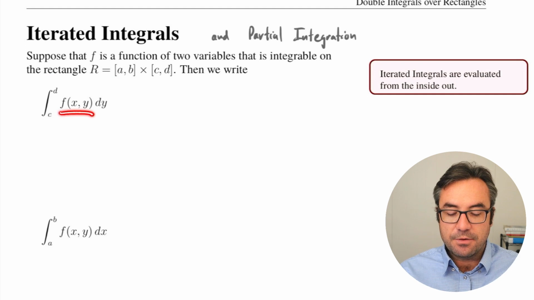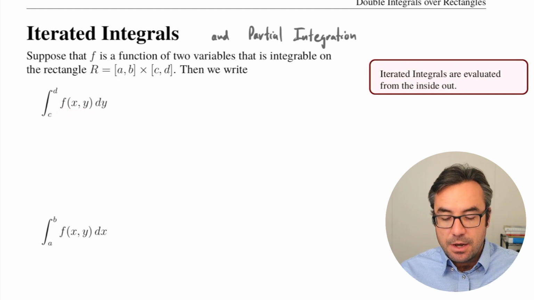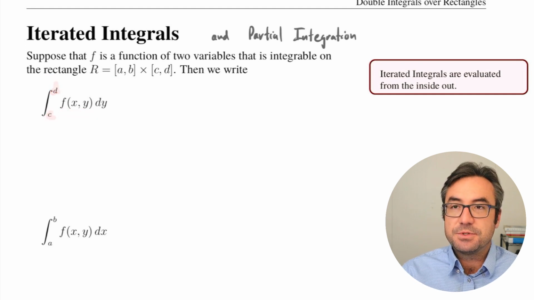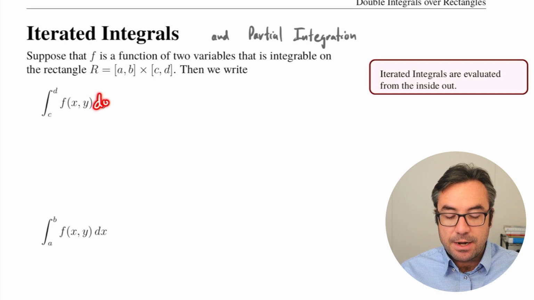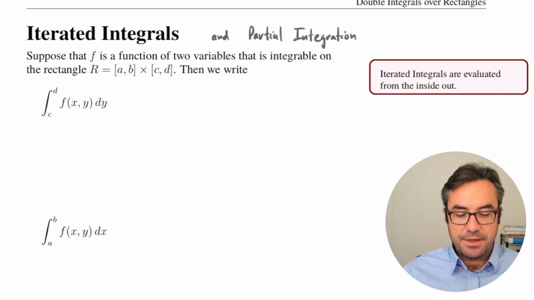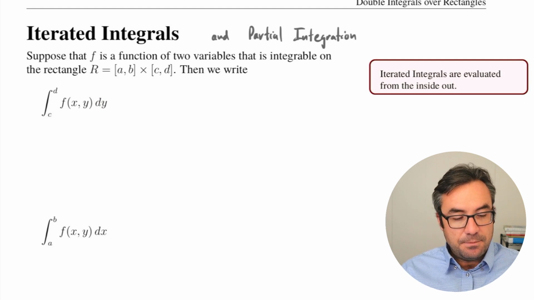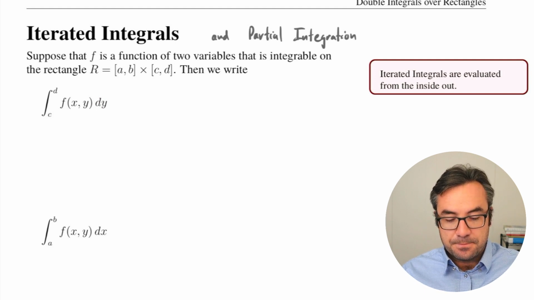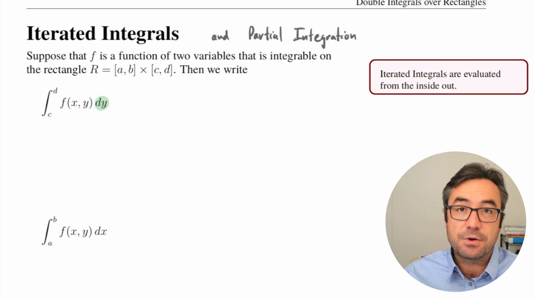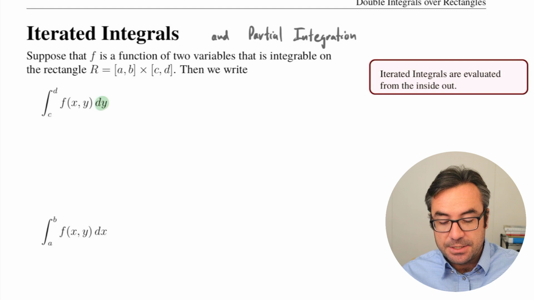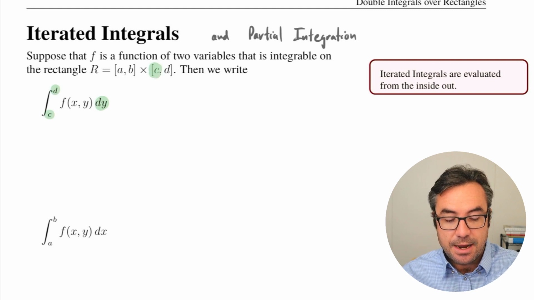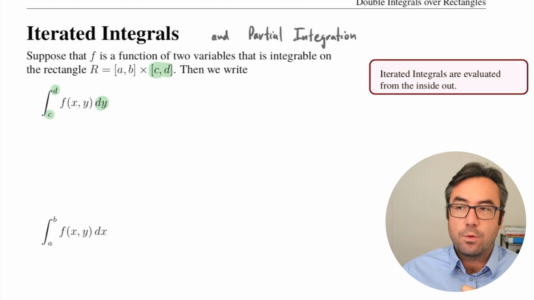The integral of our function f of x, y with limits of integration from c to d, and we're integrating with respect to y. How we would calculate something like this is the information we're getting from this differential dy. And you can see the limits of integration are for the y coordinate.